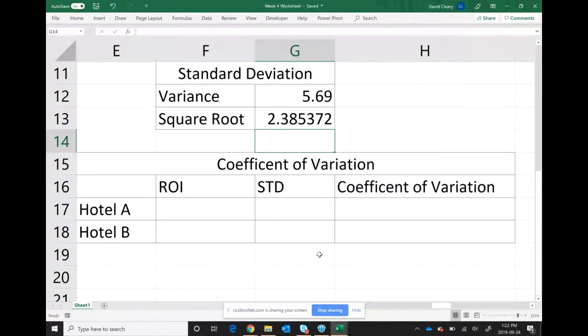Before we get started on this, we're just going to quickly go over the calculation of return on investment. Return on investment is equal to the return divided by the original investment.